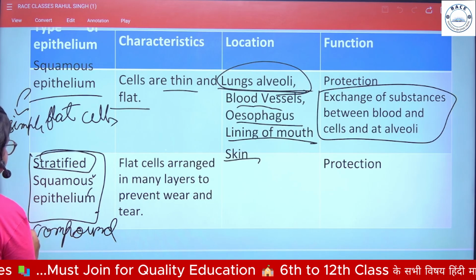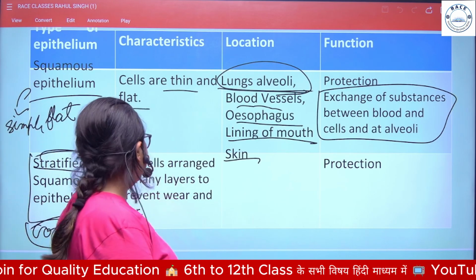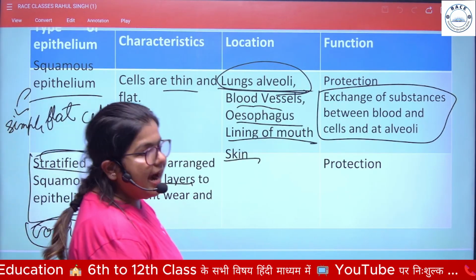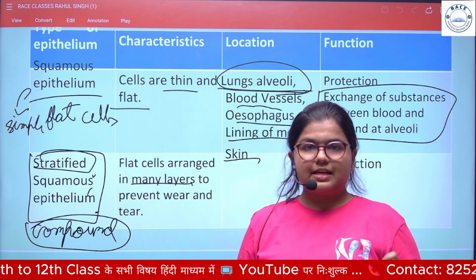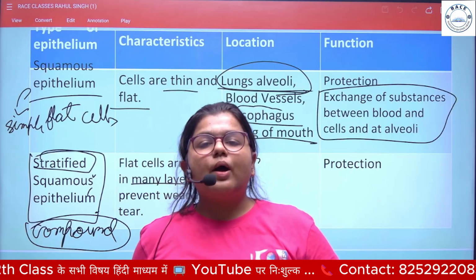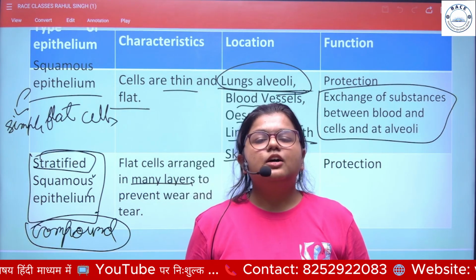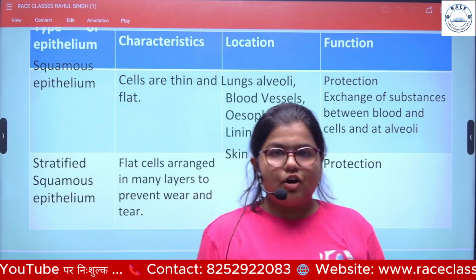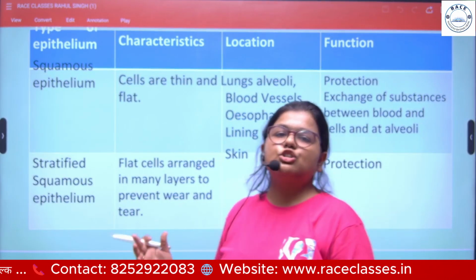Stratified or compound, both these words can be used interchangeably here. Flat cells arranged in many layers to prevent wear and tear. And whenever the compound tissues are present, they help in protection or mechanical support mainly. Whenever a single layer of cells is present, they help in diffusion, secretion and other processes.